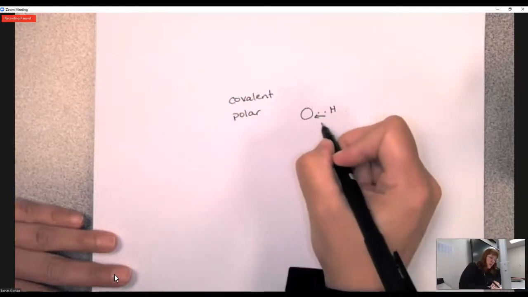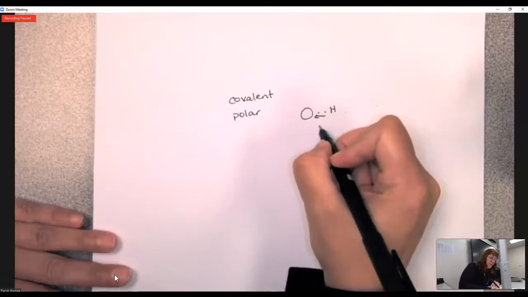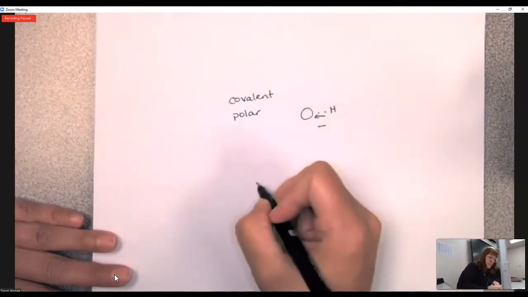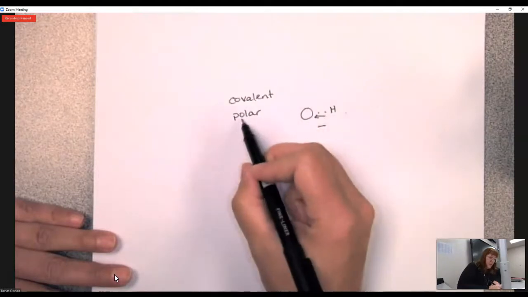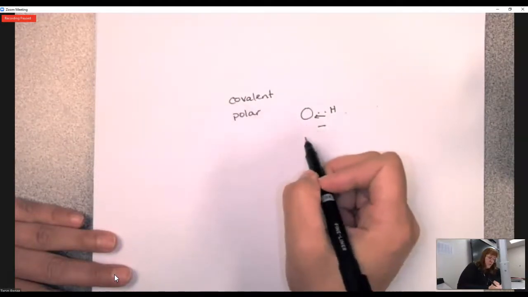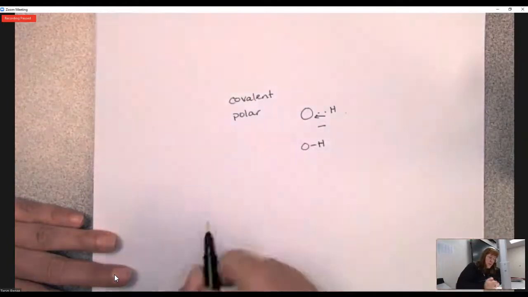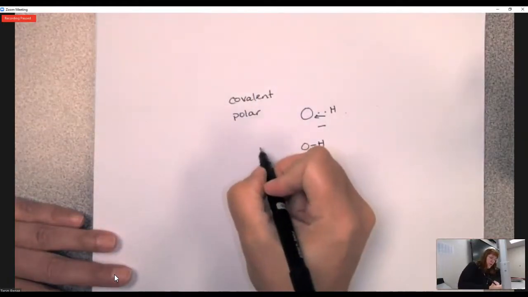So this bond right here is unequally shared, right? We want to note that a polar covalent bond between two atoms, here O and H, they overlap.